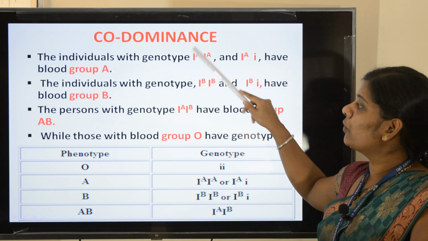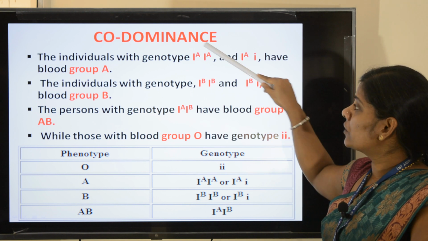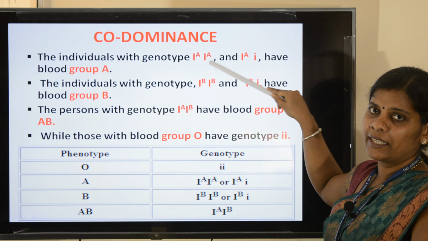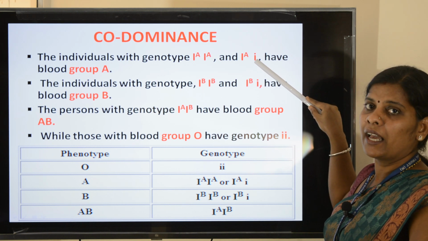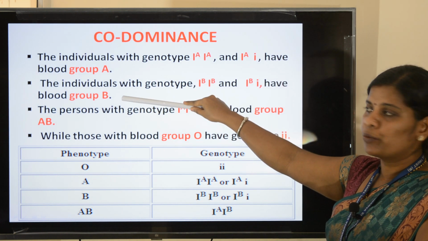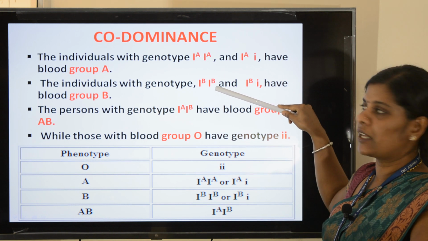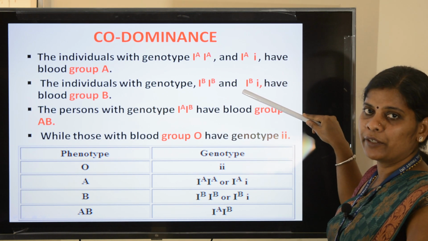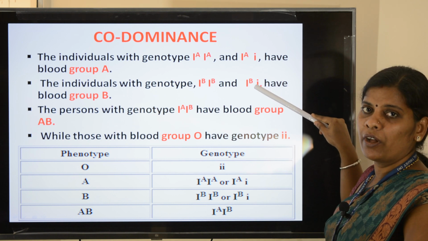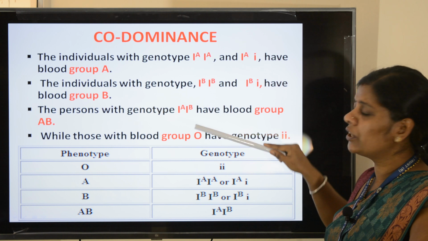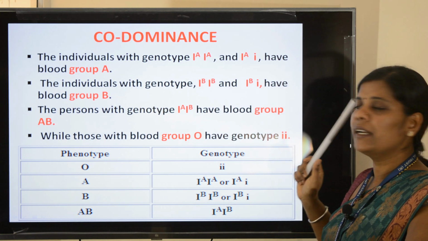In blood group A, two types of genotypes are possible: homozygous IAIA and IAi. In blood group B, homozygous IBIB, both the alleles are dominant, and heterozygous IBi, one dominant IB and one recessive small i. In the AB blood group, the individual possesses both the dominant alleles IA and IB.